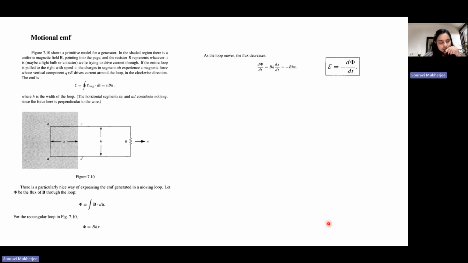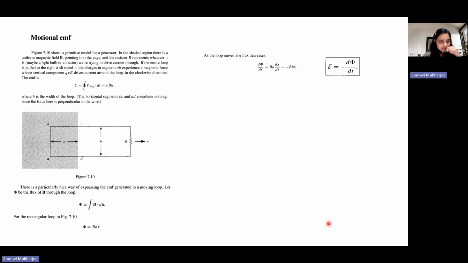This idea of motional EMF came from the fact that if you have a current carrying loop in a magnetic field, and you move the loop such that the net magnetic flux associated with this loop is changing, then what was found is that an EMF gets generated.